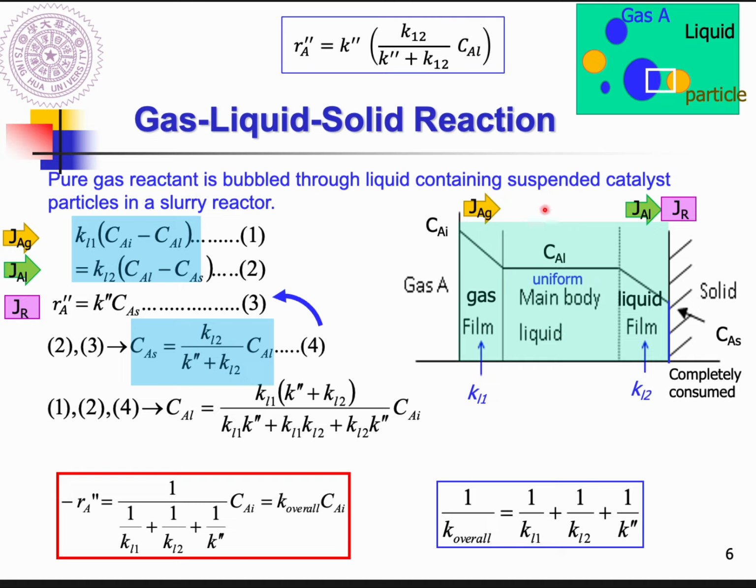Yes, as I mentioned, K approaches infinity, so 1 divided by infinity is almost 0, so this term turns to 0, and this is 1 divided by KL2, and this is 1 divided by the rate constant K double prime. And this part you can also write like this, equals the total resistance. Okay.